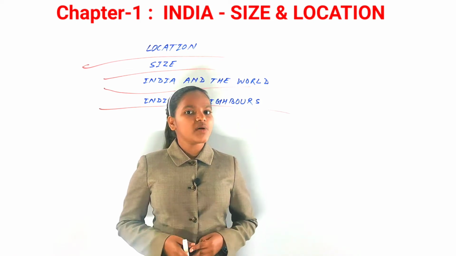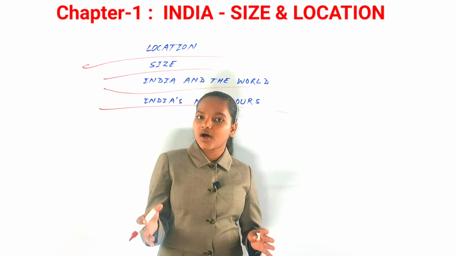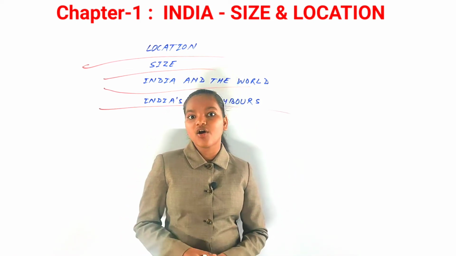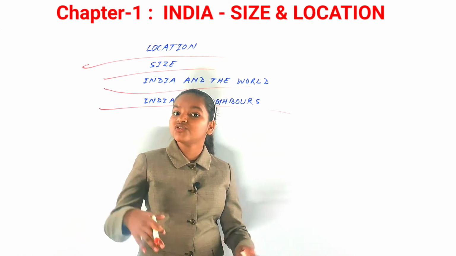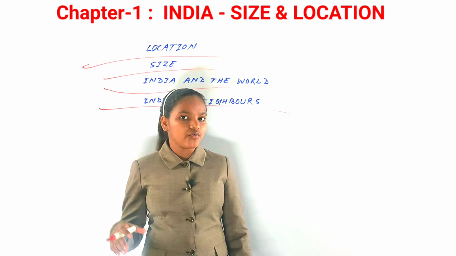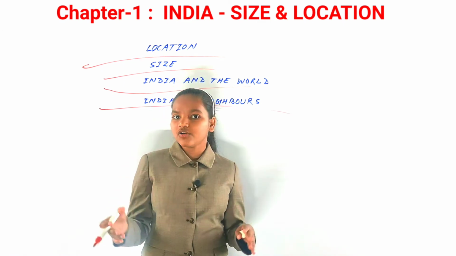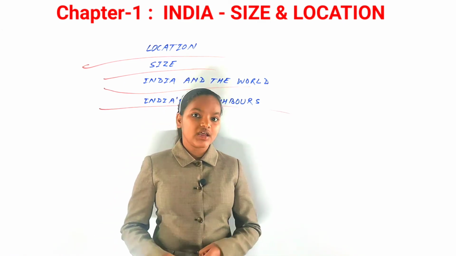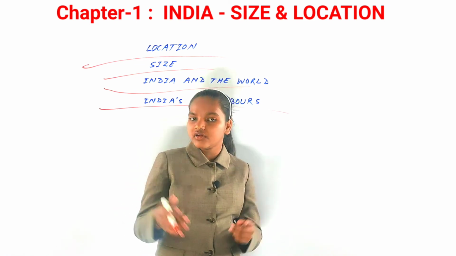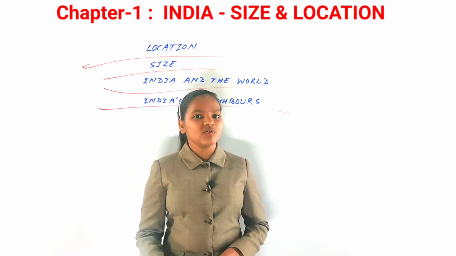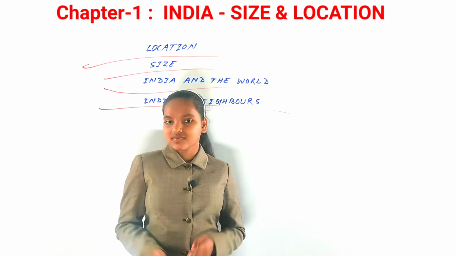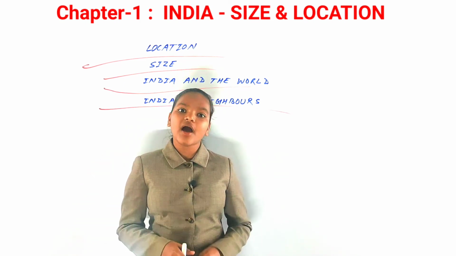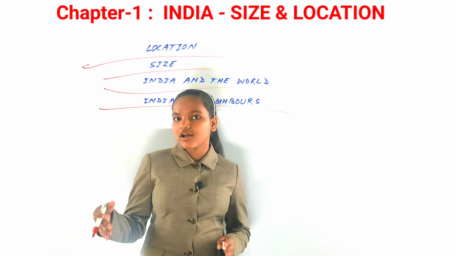The southernmost part of the country we say is Kanyakumari, but it is Indira Point, which got submerged into the ocean when there was the tsunami in 2004. And the northernmost part, as all of you know, is in Kashmir. In Jammu and Kashmir there is a point. So the distance from north to south is 3,214 kilometers, and from west to east about 2,933 kilometers.